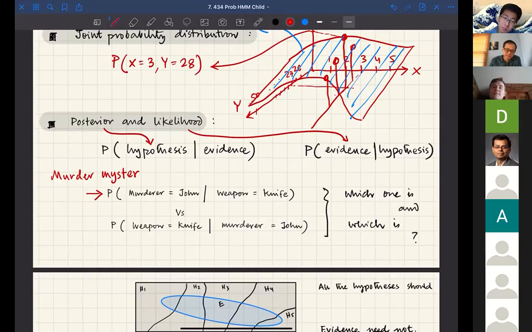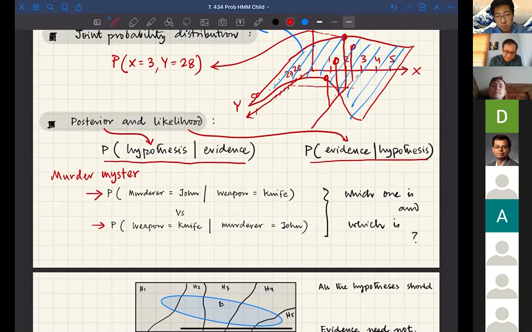And then I say another statement, which is the probability that the weapon is a knife given murderer equals John. My question is, which one is a posterior and which one is a likelihood? Posterior is typically the probability of the hypothesis given the evidence, and likelihood is the probability of the evidence given the hypothesis.